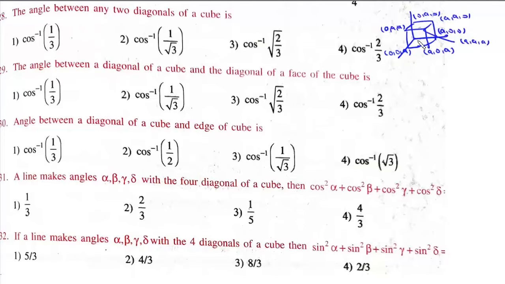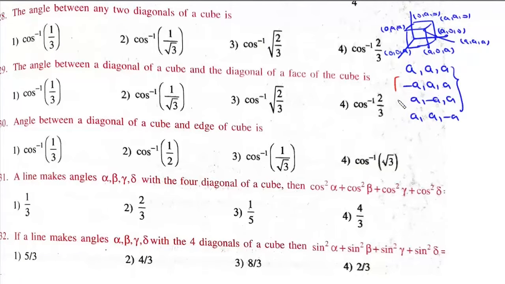Now you find the direction ratios of its diagonals. Direction ratios of its diagonals are A, A, A; minus A, A, A; A, minus A, A; and A, A, minus A, and we can write their direction cosines also.